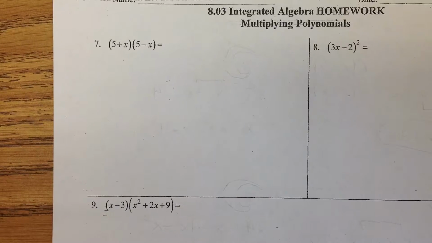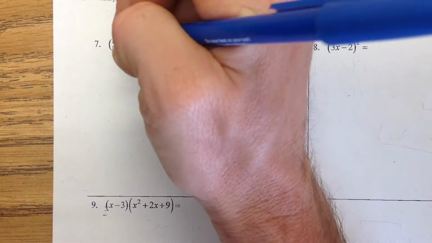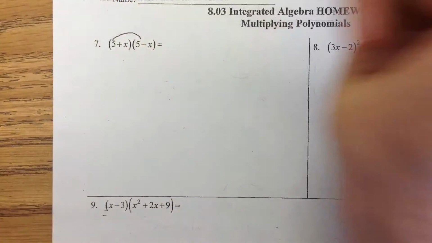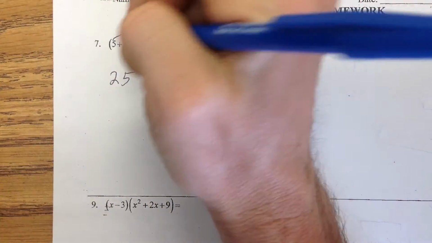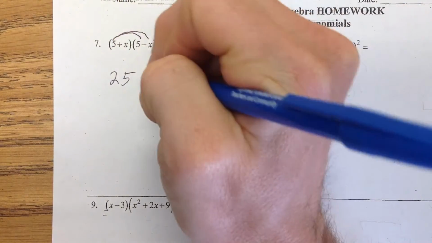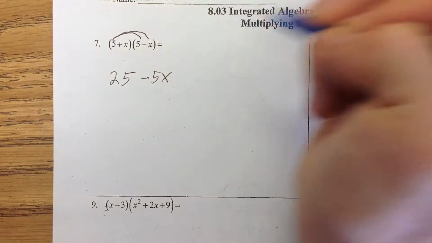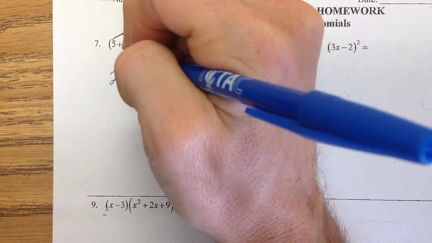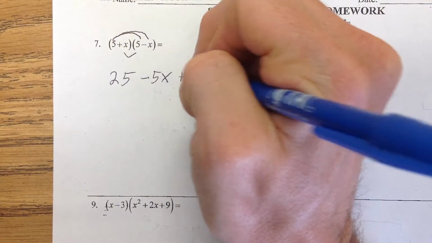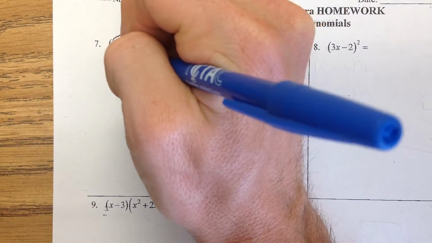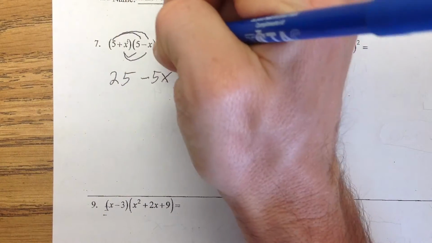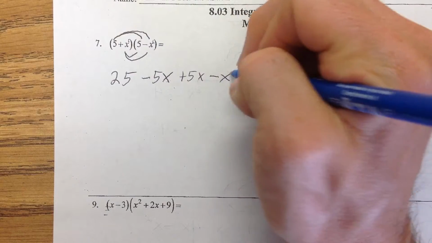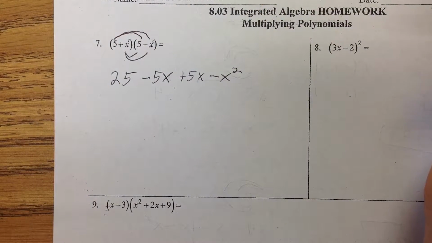Number 7. Let's go through the same procedure. 5 times 5 is 25. 5 times minus x is minus 5x. x times 5 is plus 5x. And x times negative x, remember x to the first, is going to be minus an x squared.